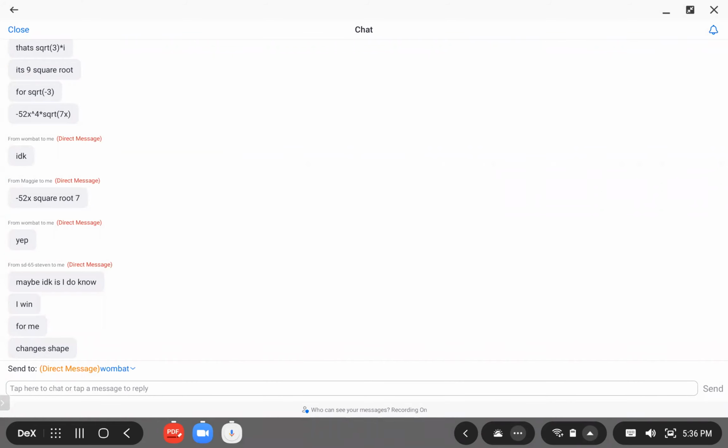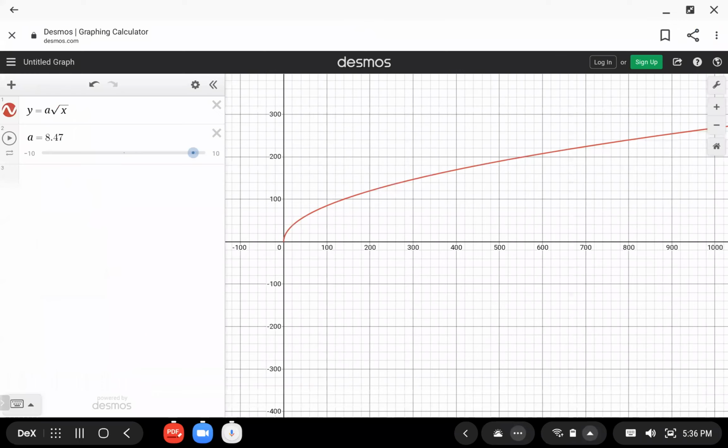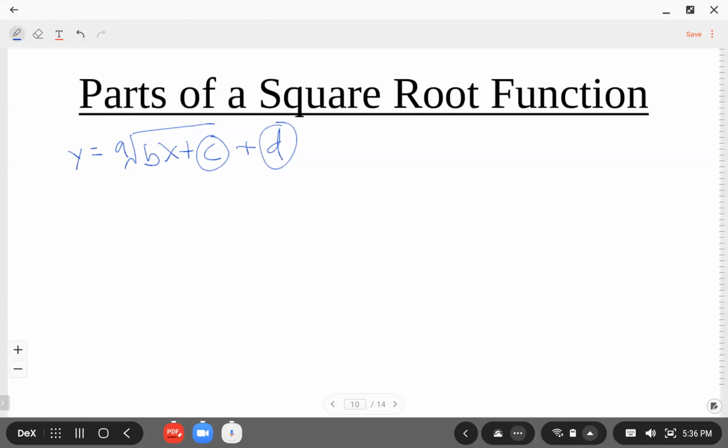It changes shape. Yes, of course it changes shape. To be exact, it's a vertical stretch. It increases or decreases the amount of growth for the y.